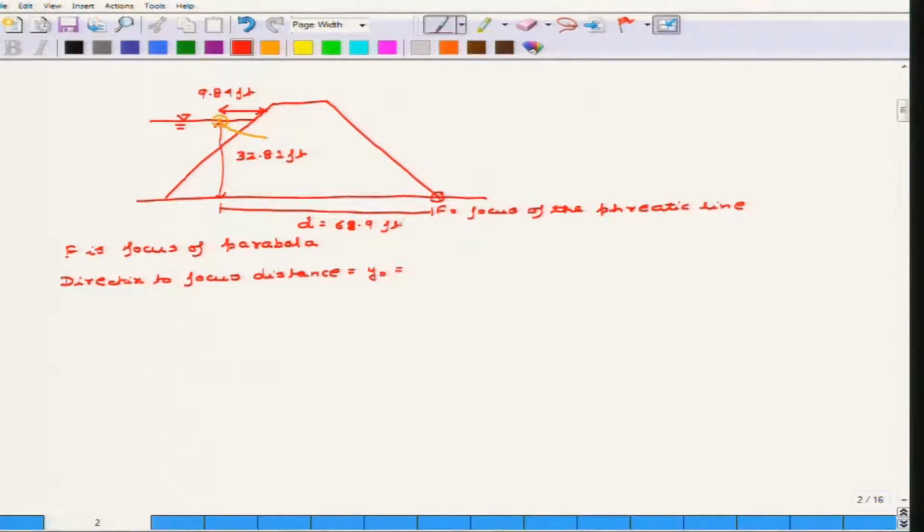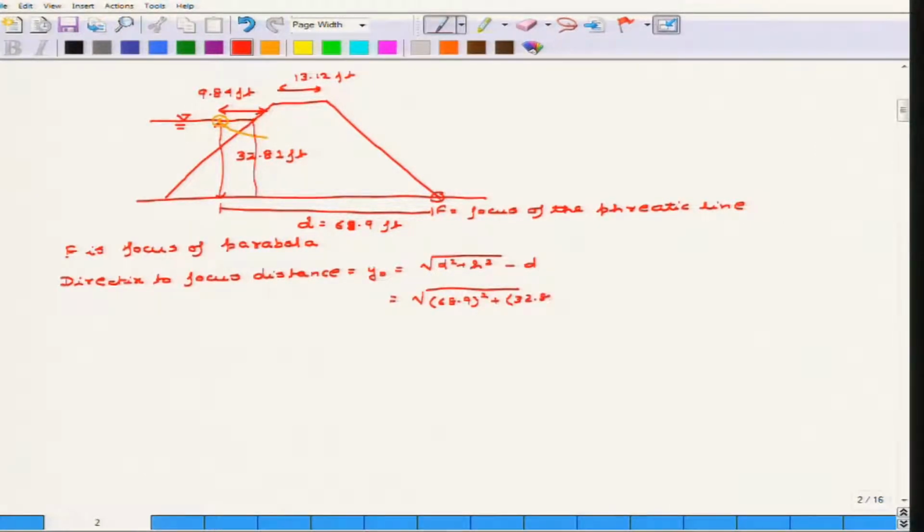68.9 feet. Now, I already know that this length is 13.12 feet. So, 68.9 feet. So this will be equivalent to the square root of d square plus h square minus d. Now, d is given as 68.9 feet. So this distance will be equivalent to the square root of 68.9 square plus, as we have found out, the height h of the water in the upstream level is 32.81.